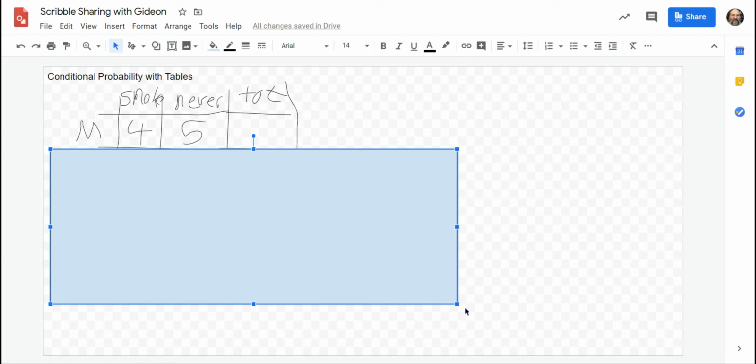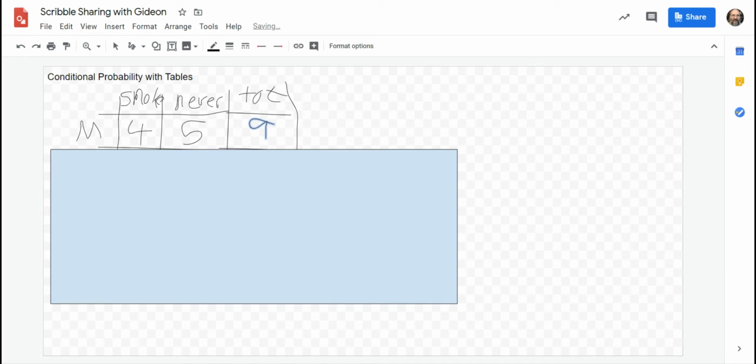What percentage of males? Oh, conditional probability. I'm given the condition that the person is male. There are only 9 males. So the way I answer it is, you want to know the probability that a male is never a smoker.